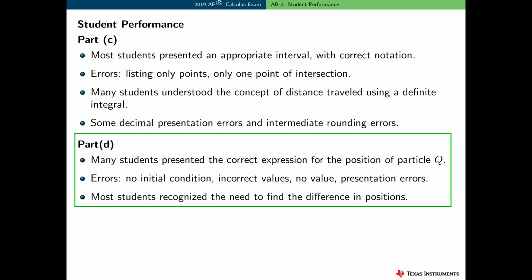For example, no use of the initial condition, an incorrect value for the position, which could be linked to calculator usage, no value presented at all, or decimal presentation errors. And finally, most students did recognize the need to find the difference in the positions of particles P and Q.